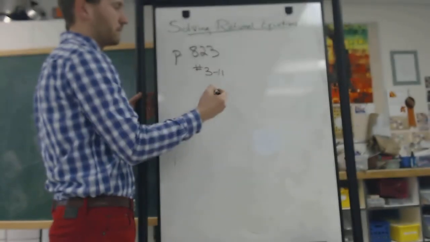Actually, let's just do 3 through 11. Numbers 3 through 11. 12 is kind of weird. It's like an error analysis problem.